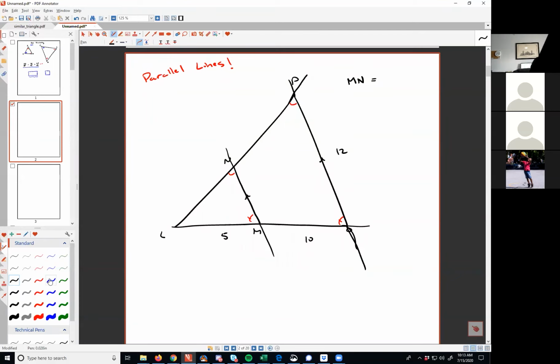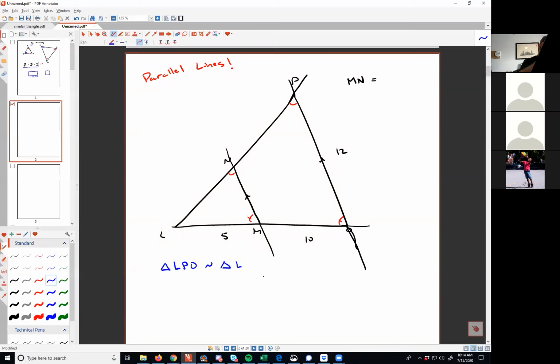And here I'm going to write triangle. Actually, I'm going to do something wrong first, and I want somebody to tell me what's wrong when I write triangle LPO is similar to triangle LMN. You wrote the letters in the wrong order.